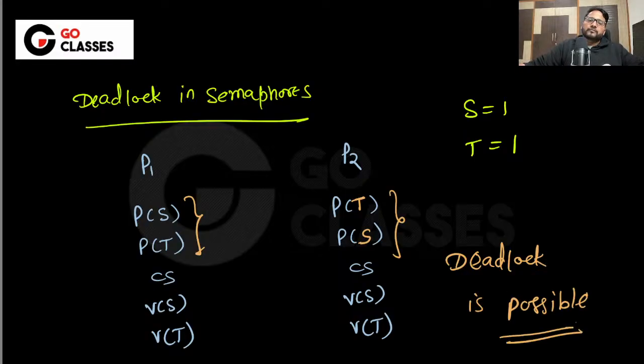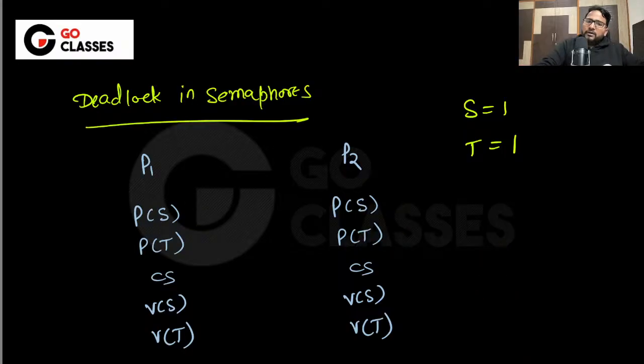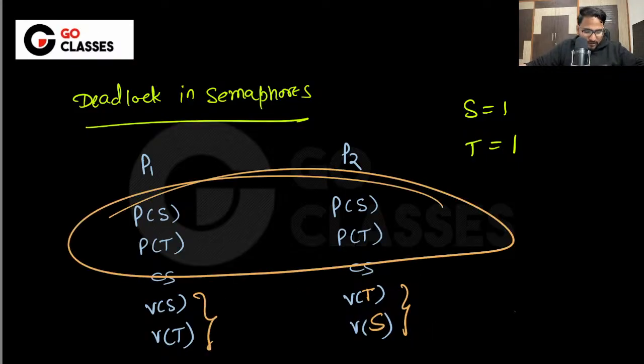Okay. Now you tell me, let's suppose you make this order reverse. This is S and T, this is T and S. Is deadlock possible here? But this order is same.